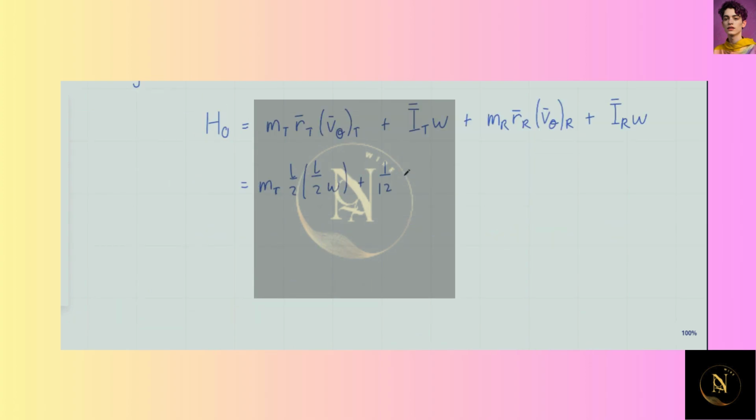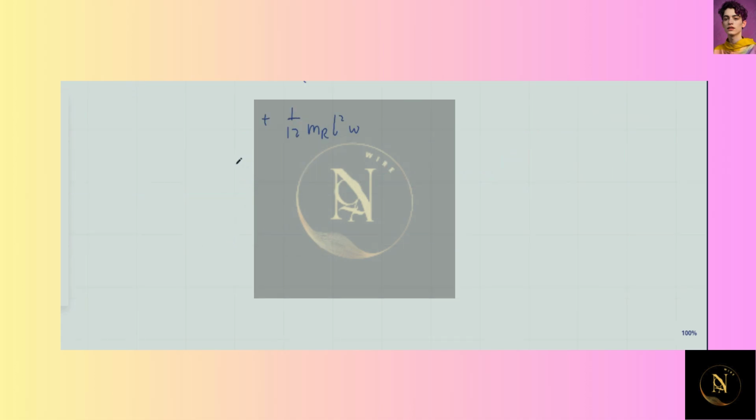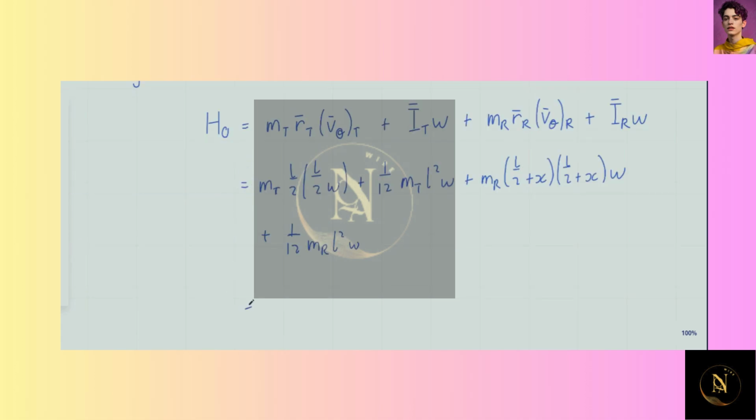So 1/12 m_t L squared omega plus m_r into (L/2 plus x) into (L/2 plus x) times omega, plus the last term, which is 1/12 m_r L squared omega.